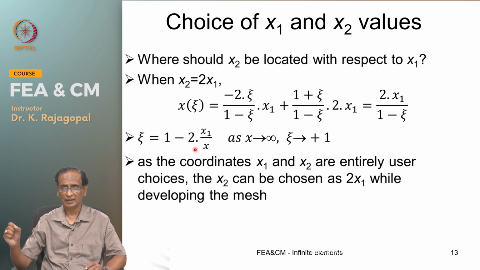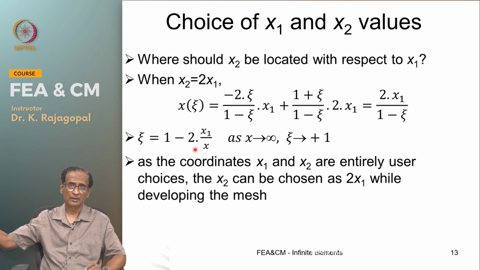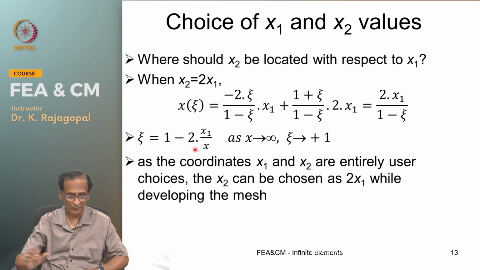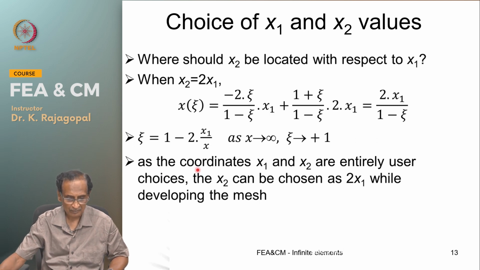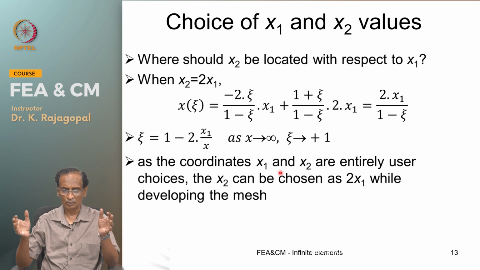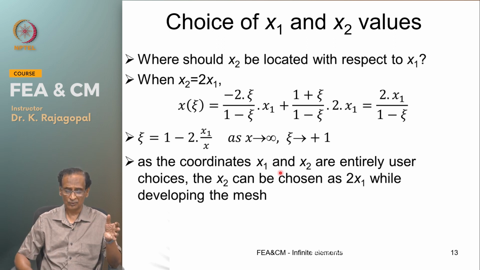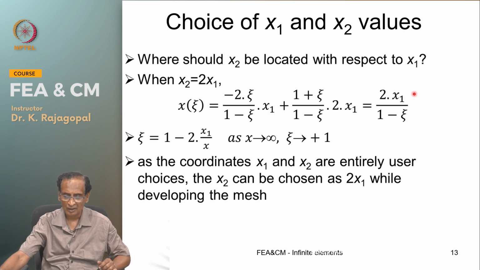So, as xi tends towards 1, we are reaching infinite distance in proportion to this denominator value. Our coordinates x1 and x2 are entirely user choices. Normally we take x2 as 2 times x1, so that we get this relation that xi is 1 minus 2 times x1 by x.